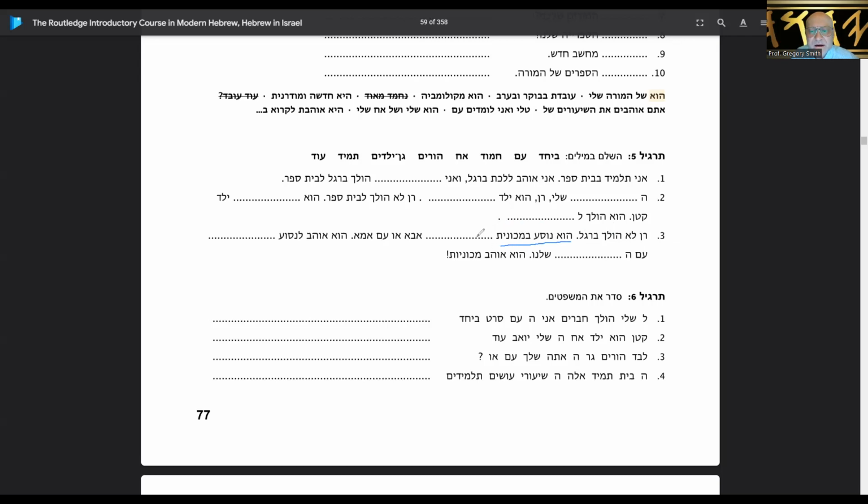He goes in a car, blank, Abba o im ima. So with father, o im ima. I bet you it's going to be this one right here, im. So hu nosea bamekonit im Abba o im ima. So he's going with the father or with the mother.